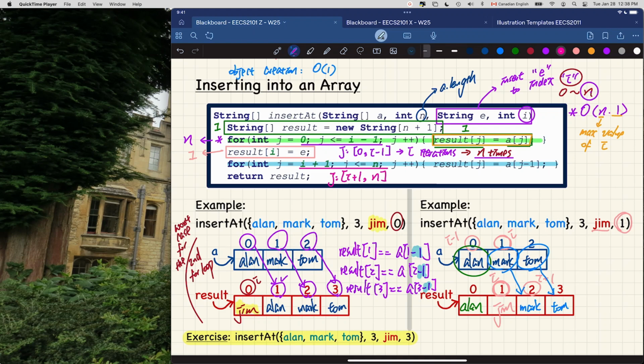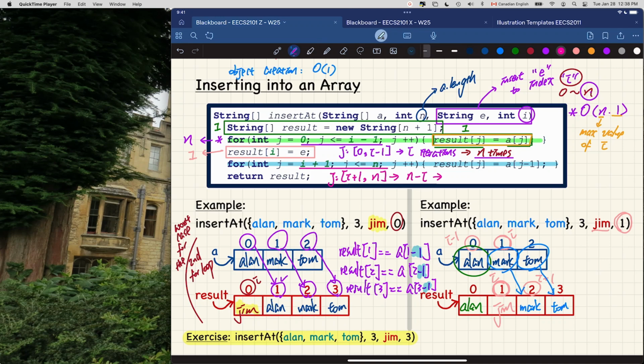According to our little formula, the number of iterations is going to be n minus I minus 1 plus 1, which is just n minus I. And I is indeed just a constant. Think about what will be the minimum case for I. The minimum case for I would just be 0, in which case n minus 0 will just be n. So the worst case will still be n.